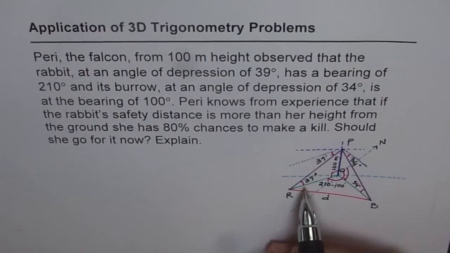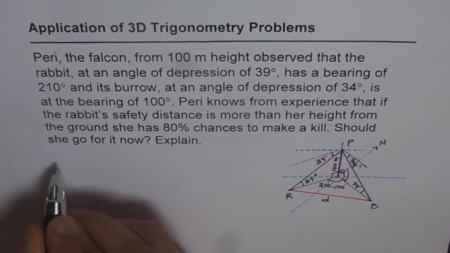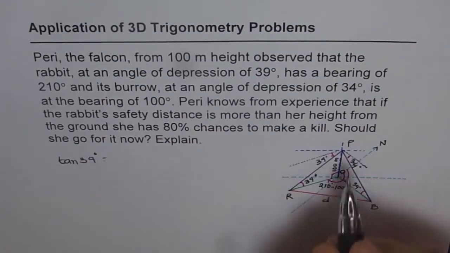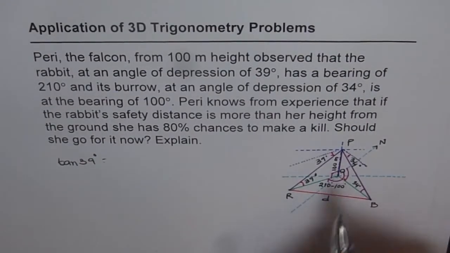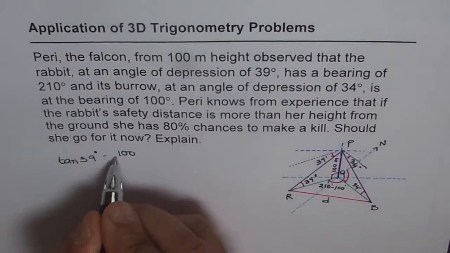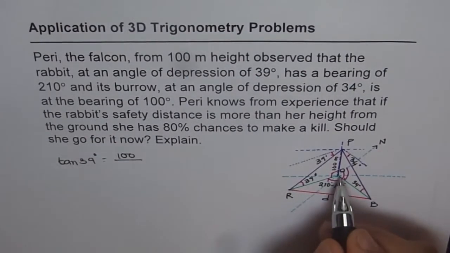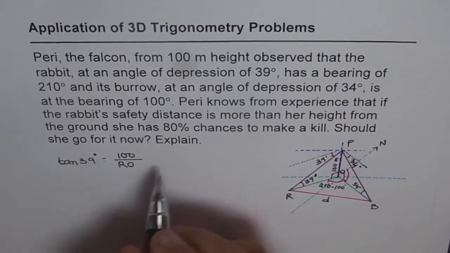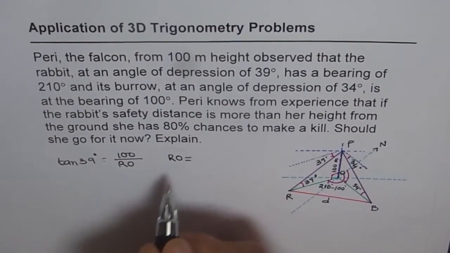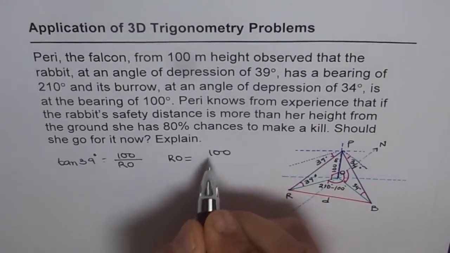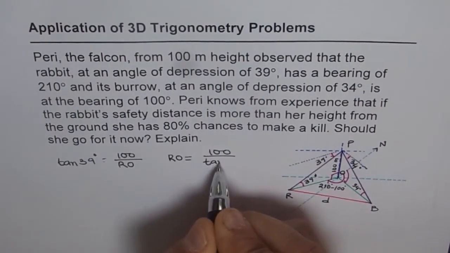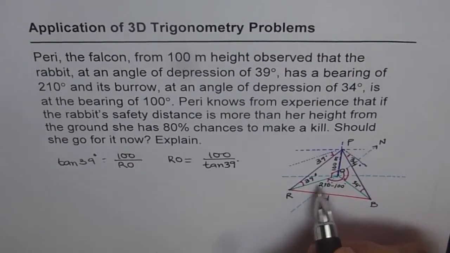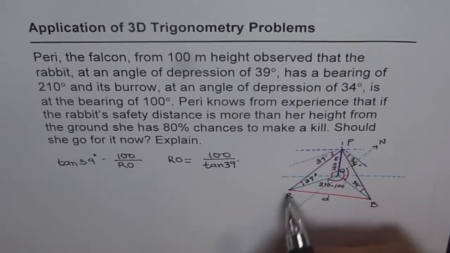So we can write tan of 39 degrees equals the opposite side, which is 100, divided by RO. Therefore, RO equals 100 divided by tan of 39. So we get the base RO for this vertical triangle.